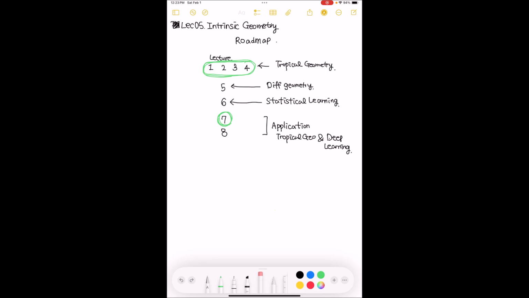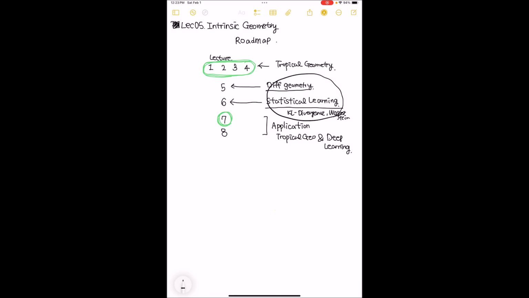Lecture 5 will introduce differential geometry, mainly intrinsic geometry, and next I will talk about statistical learning, the so-called Kullback divergence and Wasserstein distance. But based on these lectures, I will apply these theorems to tropical geometry.